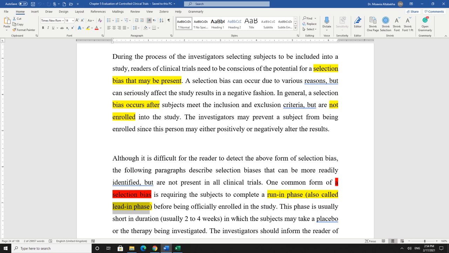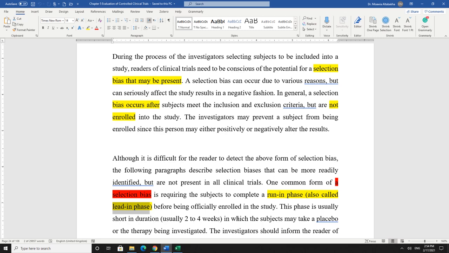After that, the aim or goal of the run-in phase is, if they have taken any medication for hypertension, you want to wash that out. So you are giving them placebo. You are asking them to stop their medication and giving them a placebo.